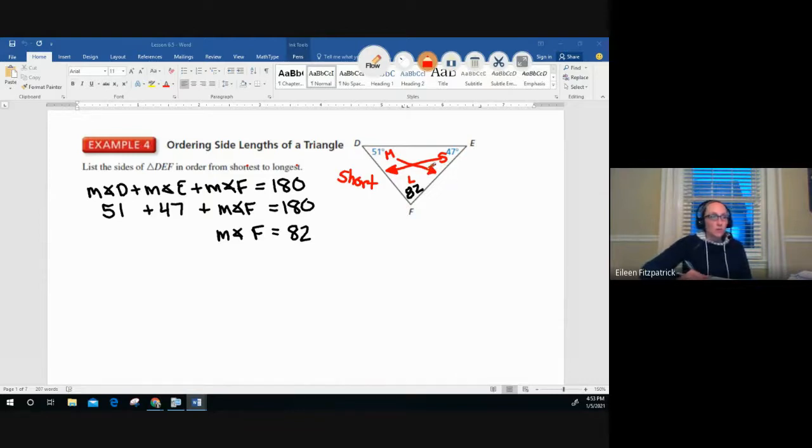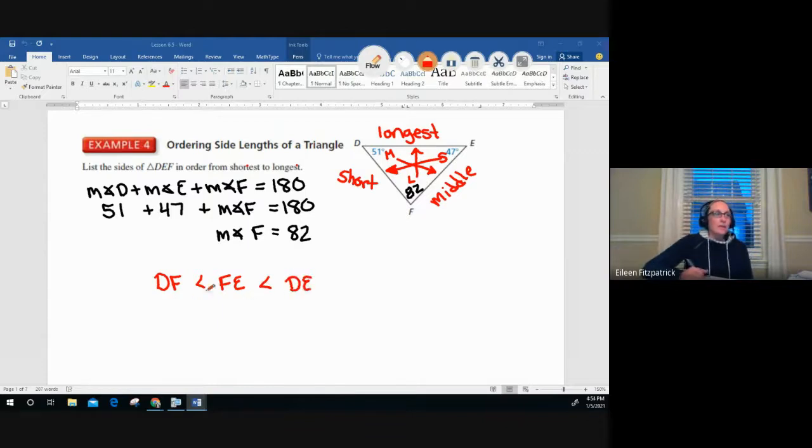The middle angle size. This is going to be the middle side length. That one's going to be in the middle. And then the largest angle is across from the longest side. Ordering the sides from shortest to longest, because that's what the directions say to do, I would say that DF is less than FE, which is less than DE.